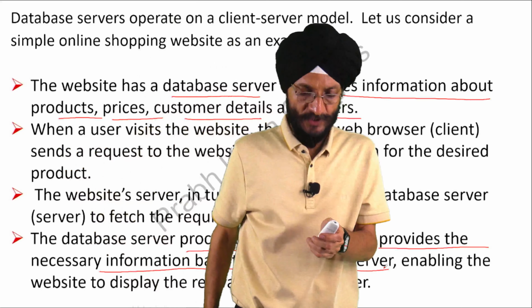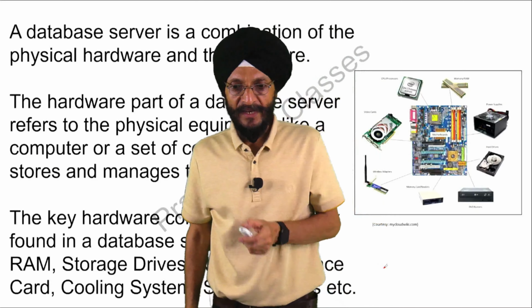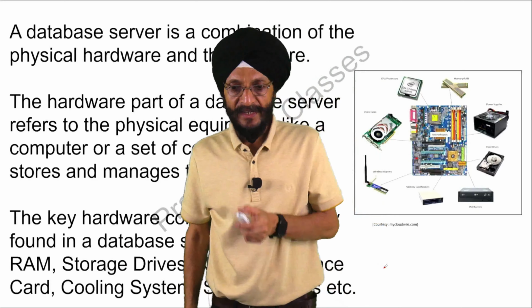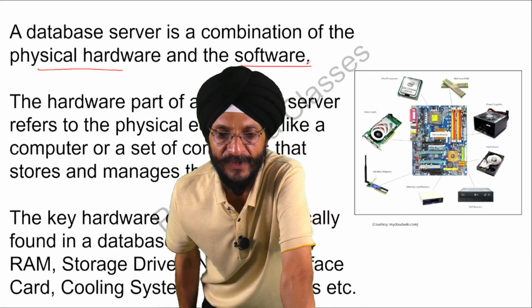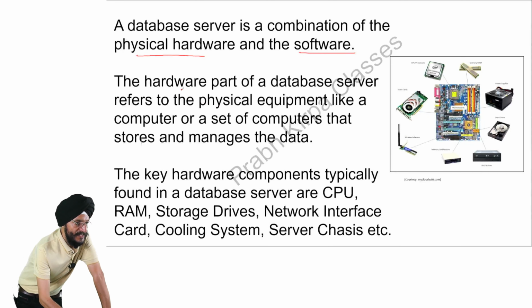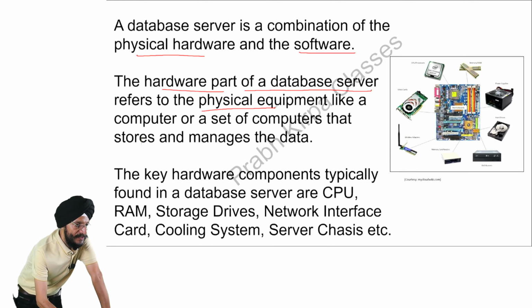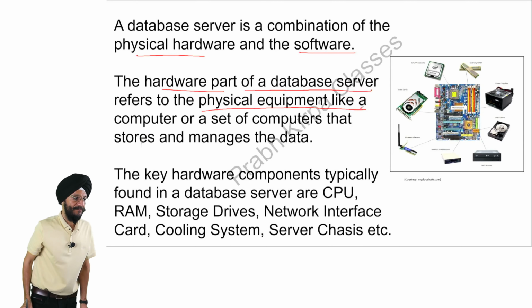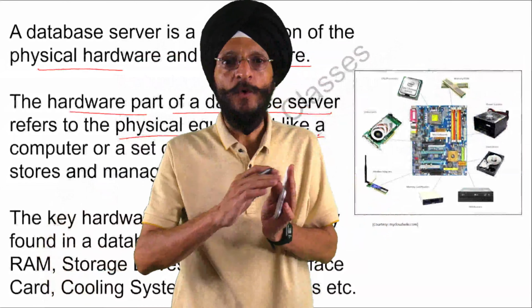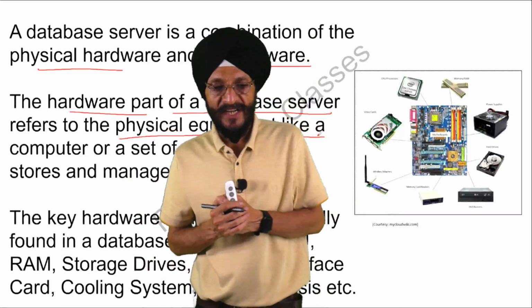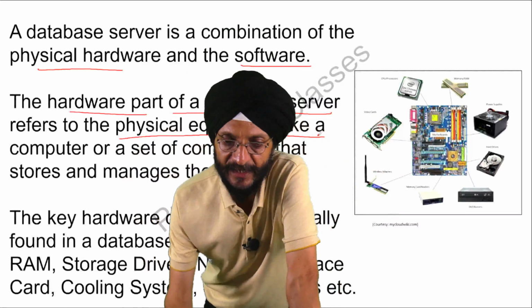data to the user. A database server is a combination of physical hardware as well as software. What is the meaning of the hardware part of the database server? The hardware part of the database server means physical equipment like a computer or a set of computers that stores and manages the data.